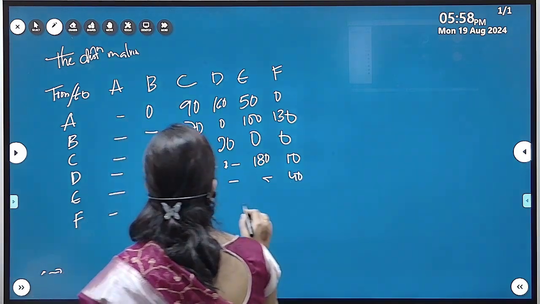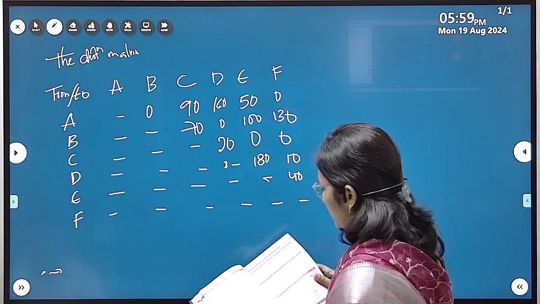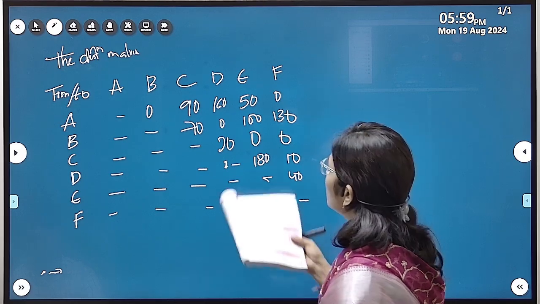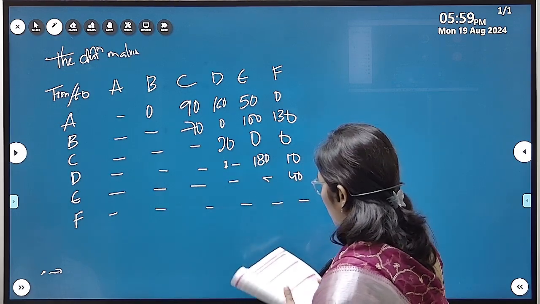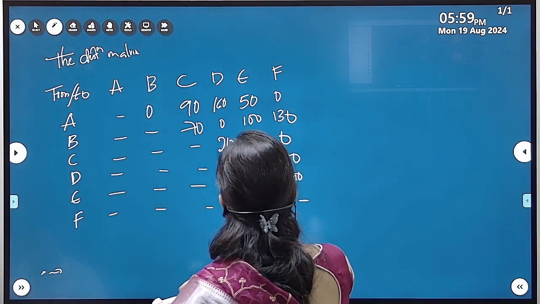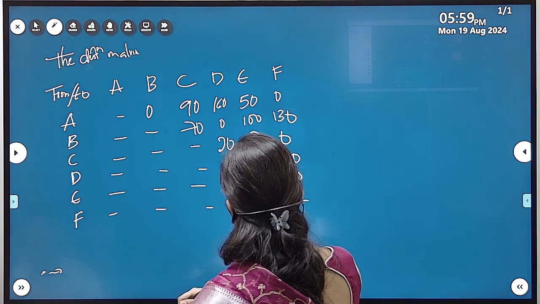So F there is nothing. So in the distance matrix of the present layout we need to check what? First, this is the question they have given. So we need to take 90 as 1, I think so.